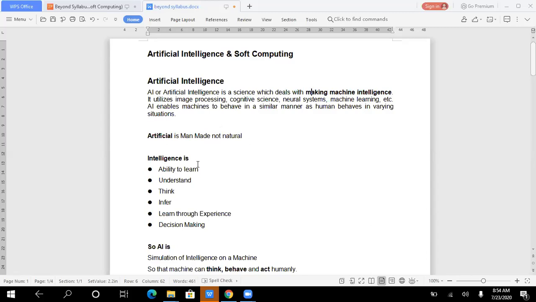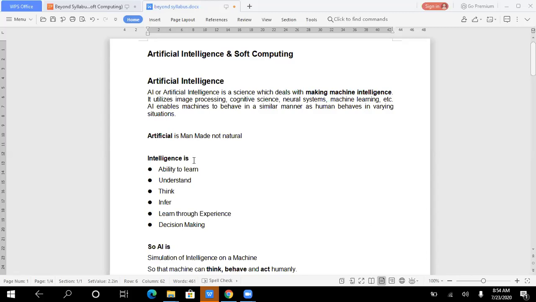The second term used is intelligence. Now intelligence is not a word which can be defined in a single definition, right? I think you will agree with me. There is no specific definition through which I can define the intelligence of a person, but we know that intelligence is related to the human being. On this earth, the most intelligent species is the human being, not any other, right?